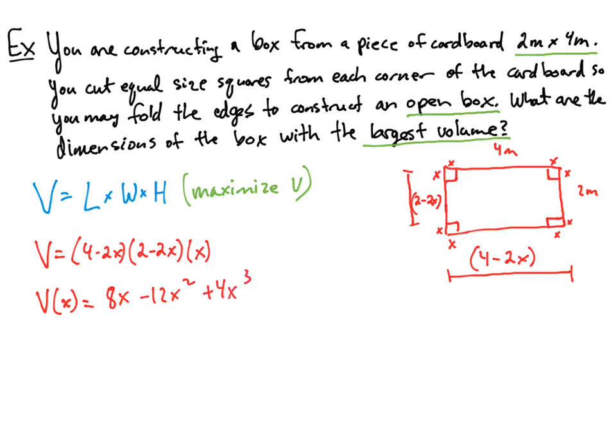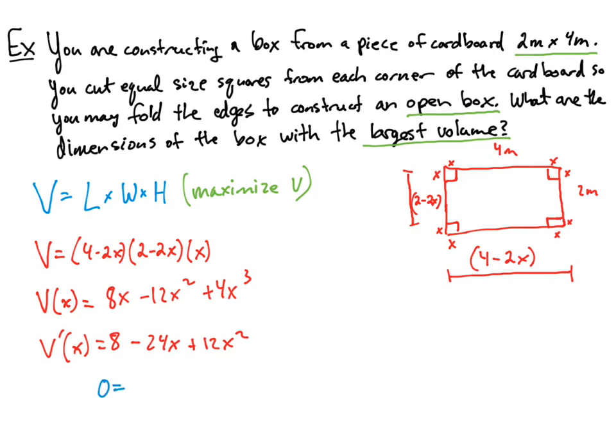Okay, so this is a cubic function, and we want to find out where's the relative maximum value for this function. In order to do that, we need to find the critical points. We're going to do that by taking the first derivative. We end up with 8 minus 24x plus 12x squared. And we want to set this equal to 0 to find the critical point.